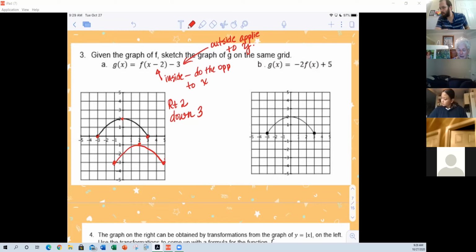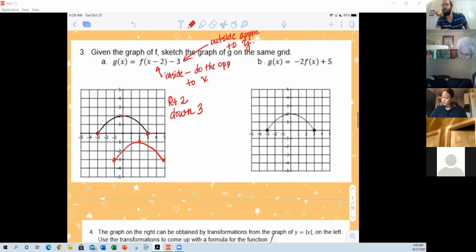But sometimes it might be helpful, at least it is for me, to go ahead and list the points, or some nice key points, and then apply the transformations.